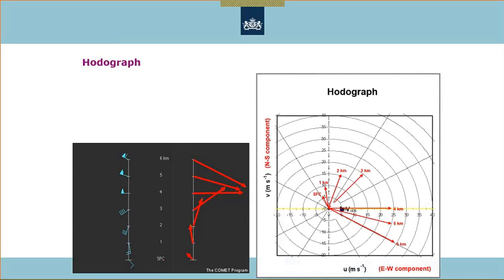A hodograph is nothing more than to place the wind vectors on each layer onto an X and a Y scale you can see on the right, and to connect the points of the vectors with each other, and then you end up with a curve in blue like this.